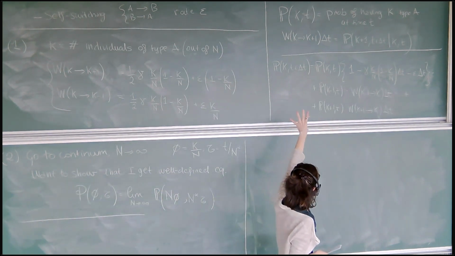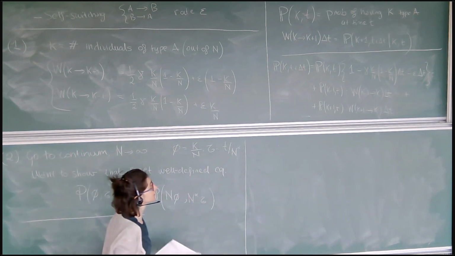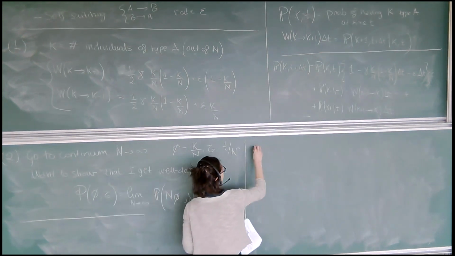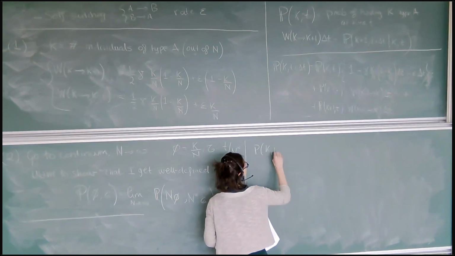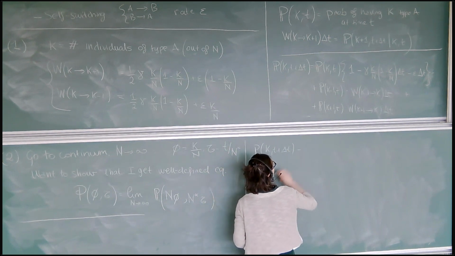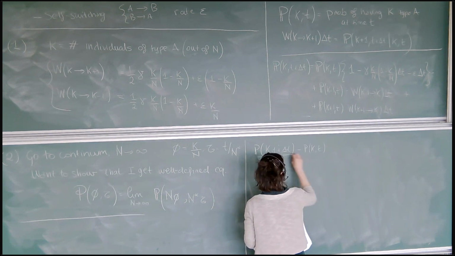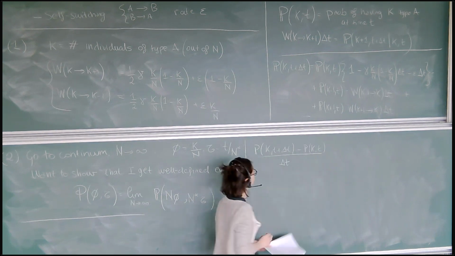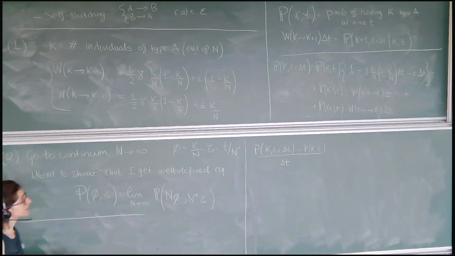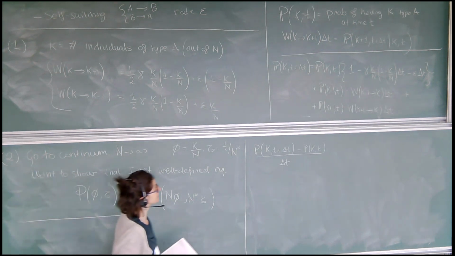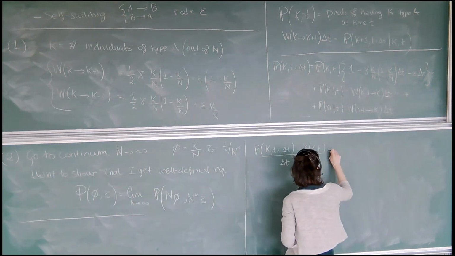So the idea is that I want to get some derivative on the left hand side. So I rewrite that as P of k, t plus dt, minus P of k, t, divided by dt. And then I start manipulating what remains on the right hand side.